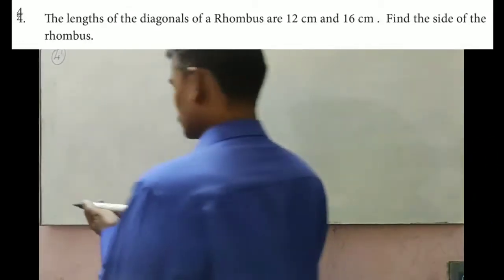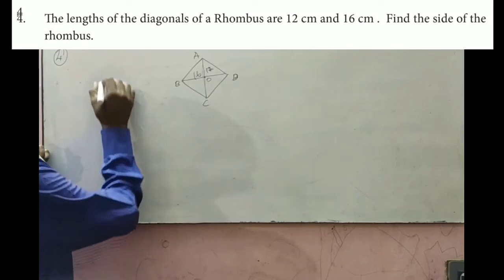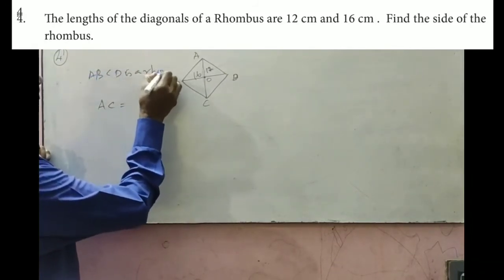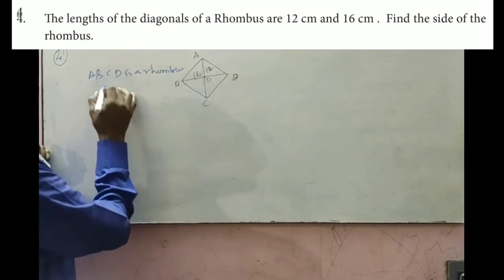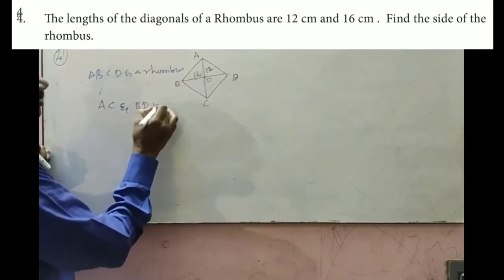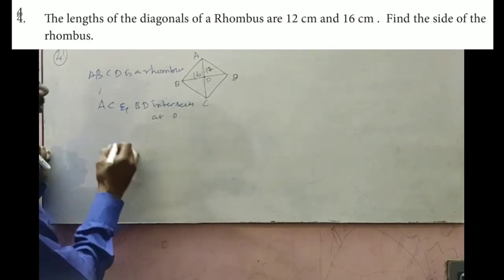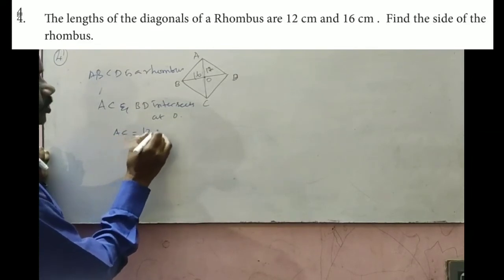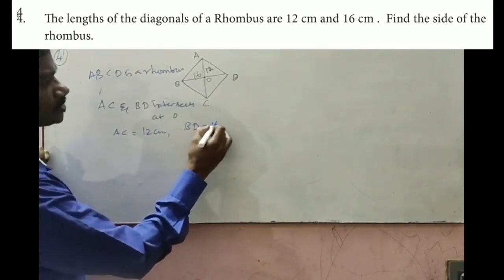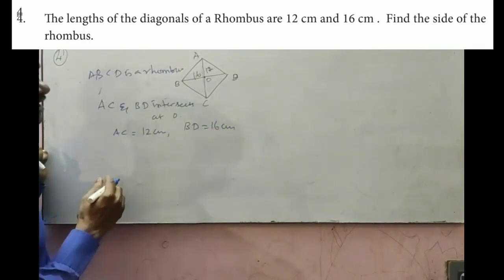So we know that here ABCD is a rhombus. AC and BD intersect at O. Here AC is equal to 12 cm and BD equal to 16 cm. Diagonals bisect each other at right angles.